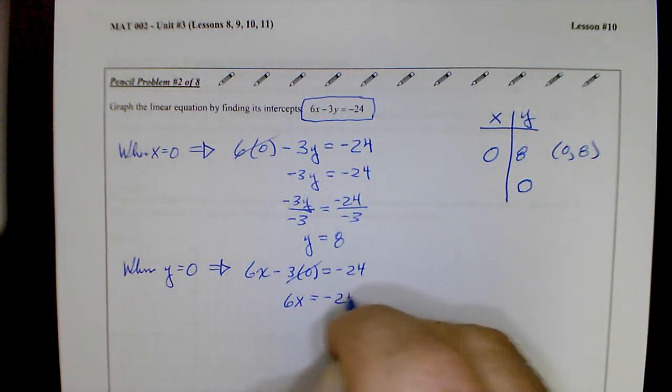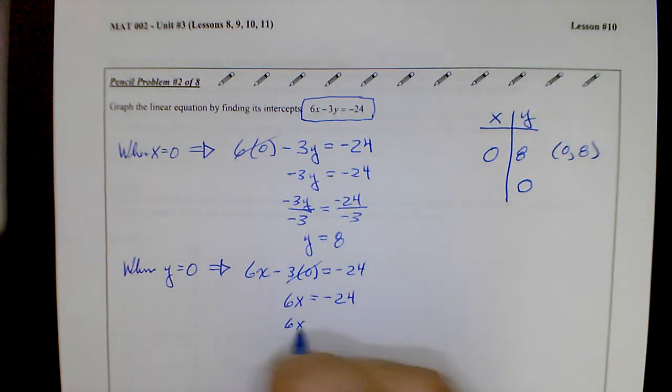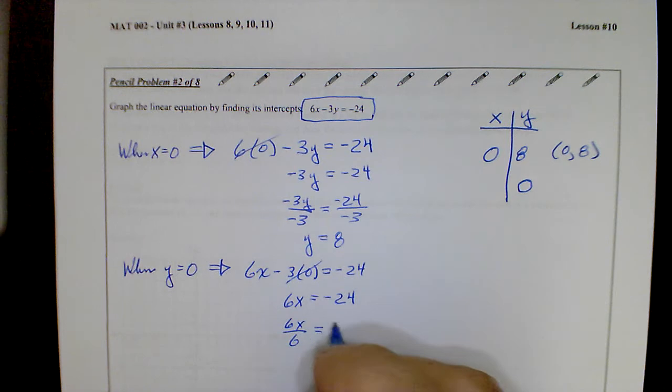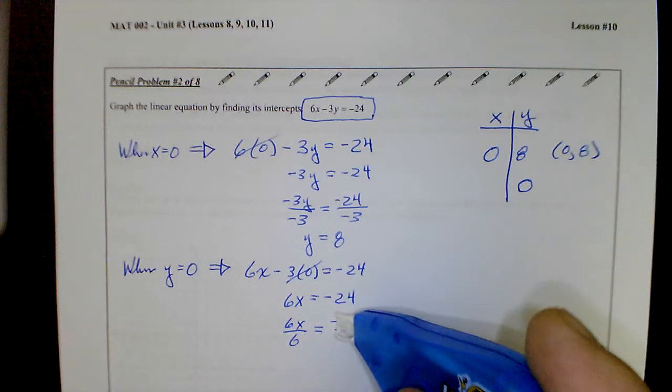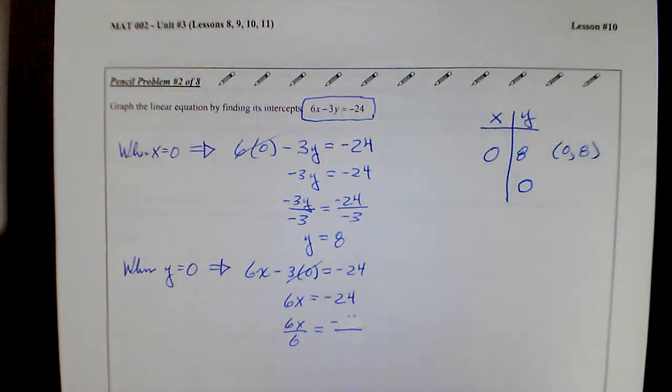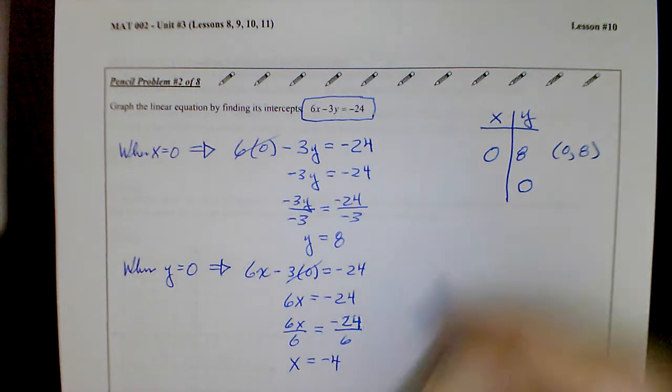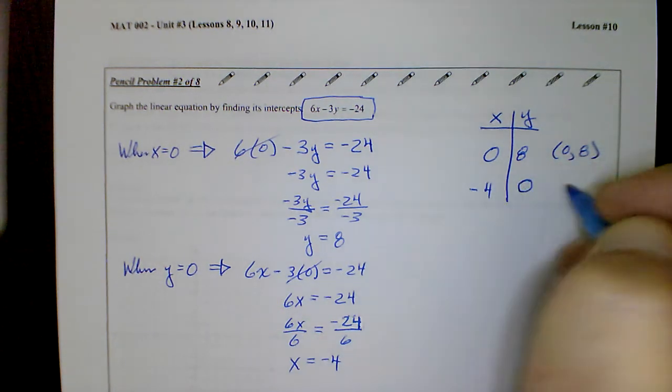So 6x equals -24, and dividing both sides by 6, we get x equals -4. So -4 and 0 is the x-intercept.